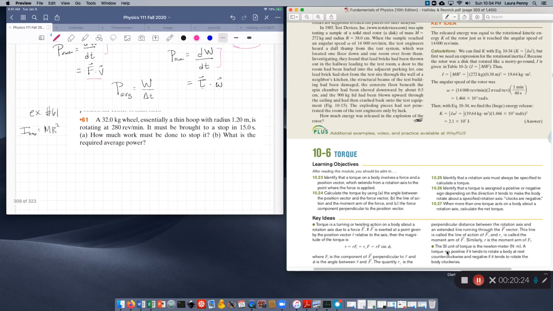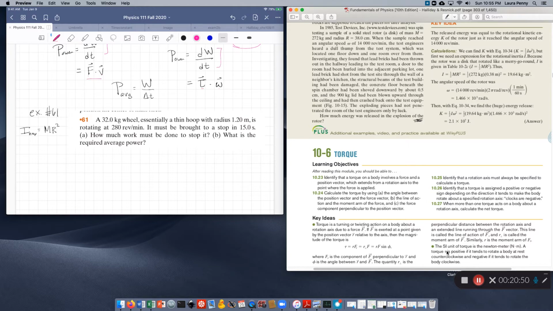Let me do this one really quickly, number 61. Number 61 says we have a 32 kilogram wheel, which is essentially like a thin hoop. It's like a really thin little hoop with a radius of 1.2 meters that's rotating at 280 revolutions per minute, and it must be brought to a stop in 15 seconds.